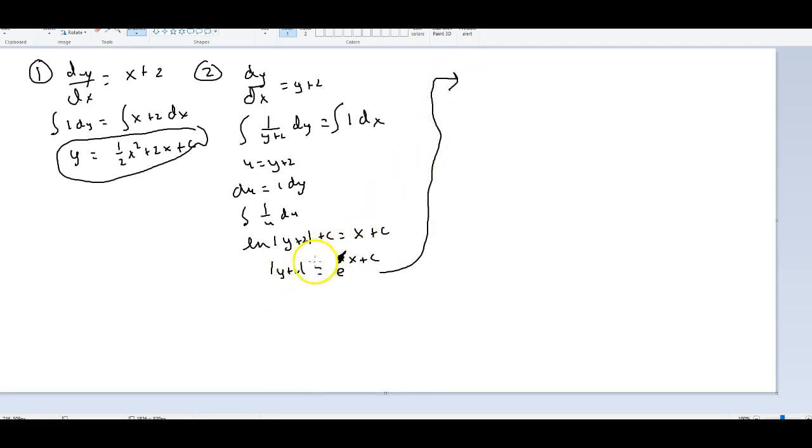To get rid of the absolute value bars, I'm going to go y plus 2 equals plus or minus e to the x plus c. And then I've got my stinking plus 2, so I'm going to go y equals plus or minus e to the x plus c minus 2, and here's my general solution to this equation.